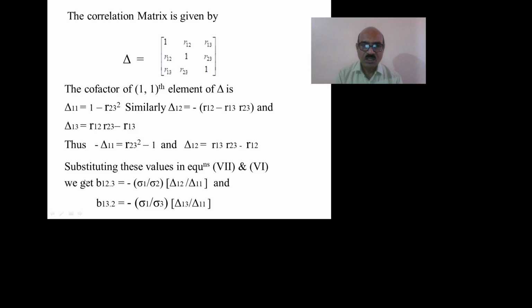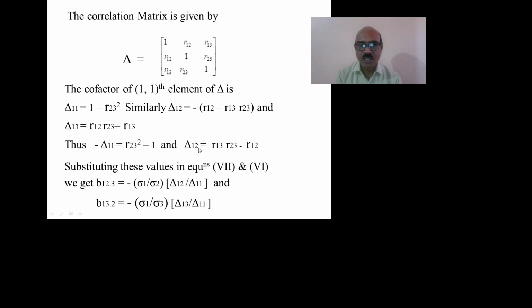Just multiply the first expression by minus, we will get minus delta 11 equal to, changing the sign of these, R23 square minus 1. And here also I will take a minus sign inside the bracket, it will be R13 R23 minus R12 as delta 12.